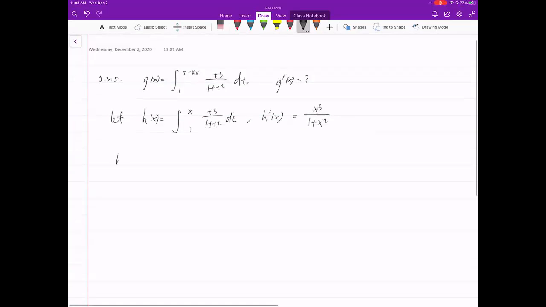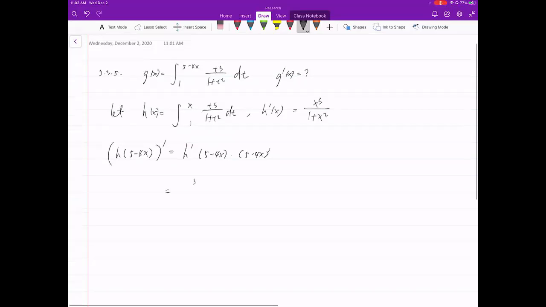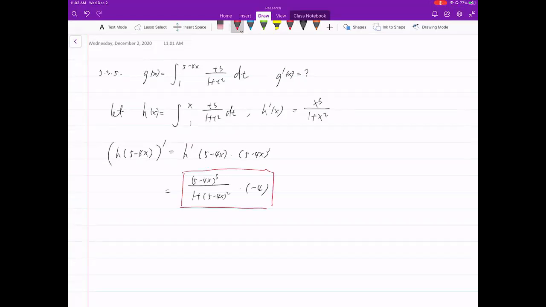Number 2, now rewrite g of x to be h, but replace x with the real ending point. Therefore, g prime is going to be h prime of 5 minus 4x, times the derivative of 5 minus 4x, by the chain rule. Finally, this will be the final answer for number 5.